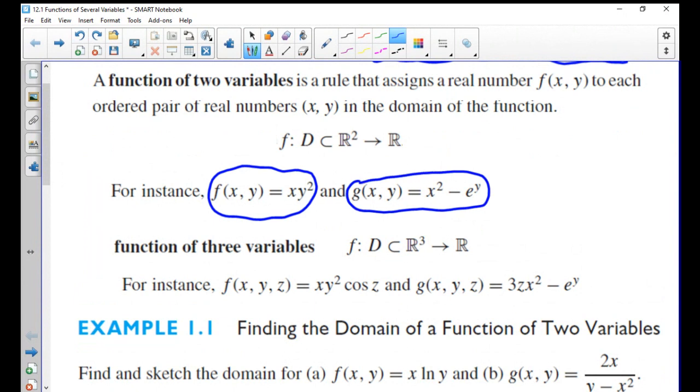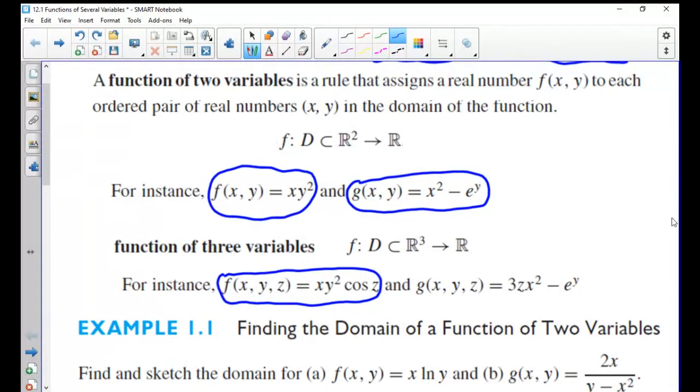But you can also have a function of three variables, four variables, etc. Here is a function of three variables. Here the variables are x, y, and z.